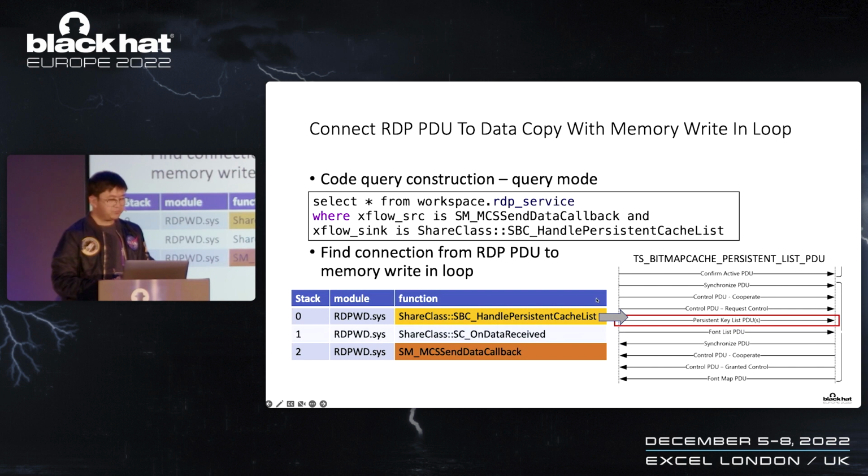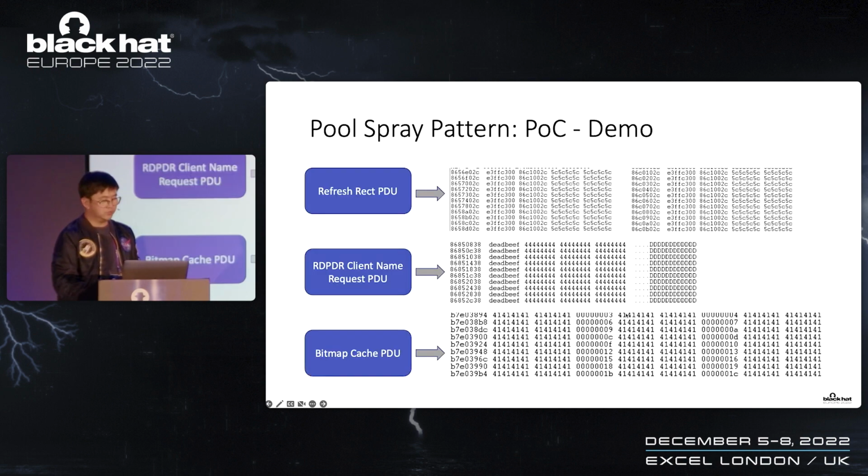And after that, we connect the RDP PDU to the data copy with memory write in a loop. Similarly, we found the call stack, and according to the function name handle persistent cache list, we found a specific PDU named persistent key list PDU, which can be used to do the kernel pool spray.